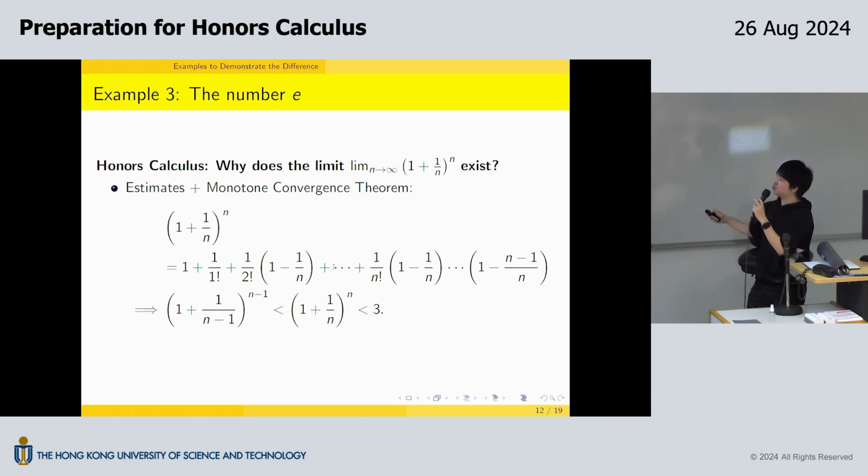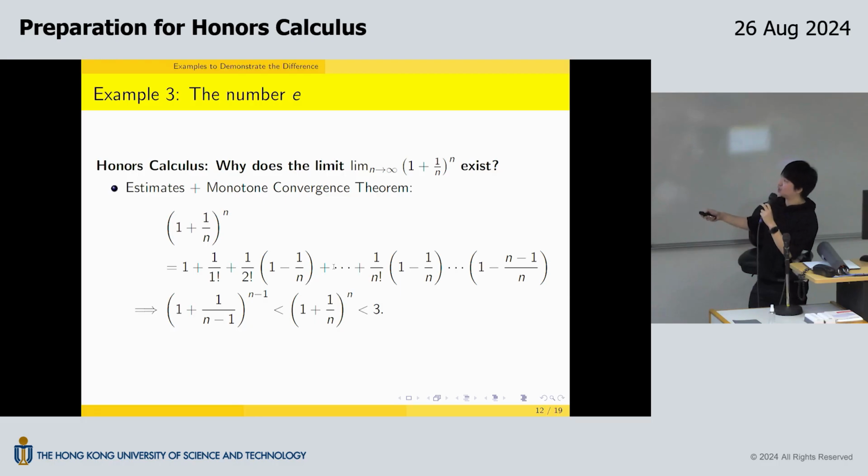From this general term and some careful observation, you see that this is actually an increasing sequence. And from this general term, you can also see that there is an upper bound of 3.